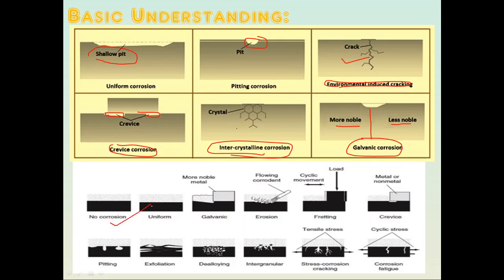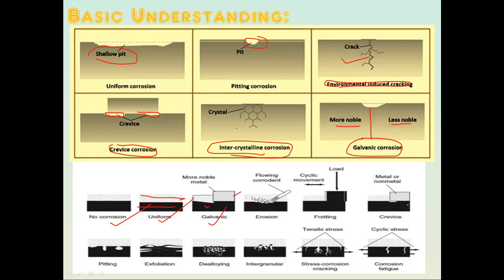Here there is no corrosion, the metal is not corroding. This is uniform corrosion all over the metal thickness. Then galvanic corrosion, where there will be two metals. Then erosion, this is flow assisted corrosion. Due to the flow of the fluid, the metal is getting eroded. Then fretting, where there is a movement.